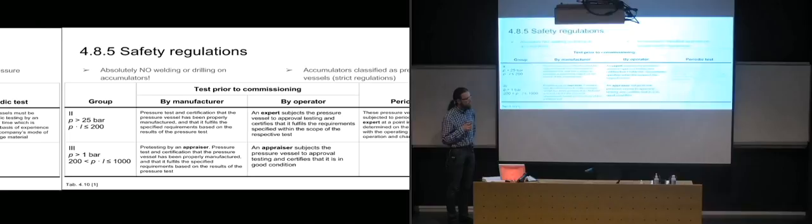But then they also have to do periodic tests on the pressure vessels. And for group 3, again, an expert, so you have to have someone with experience with these systems to do it. And it has to be determined on the basis of this expert's experience with the company's way of operating.